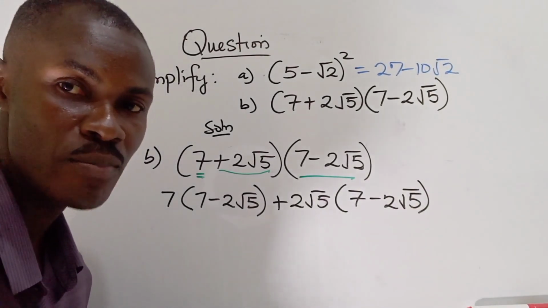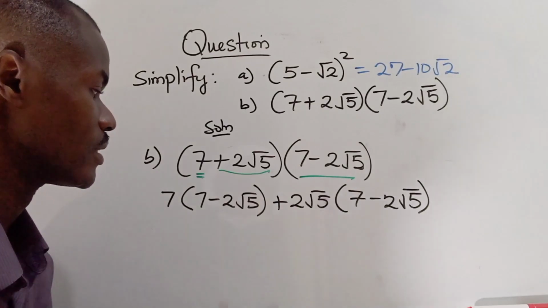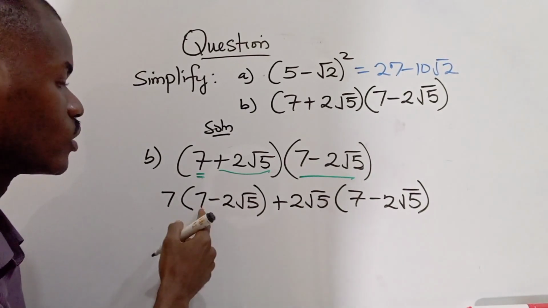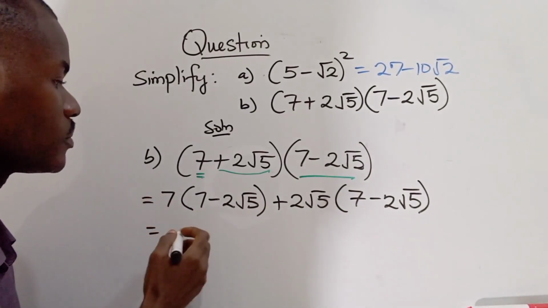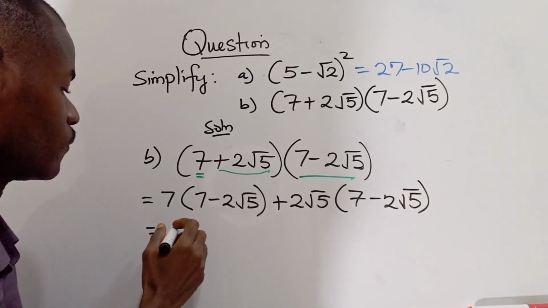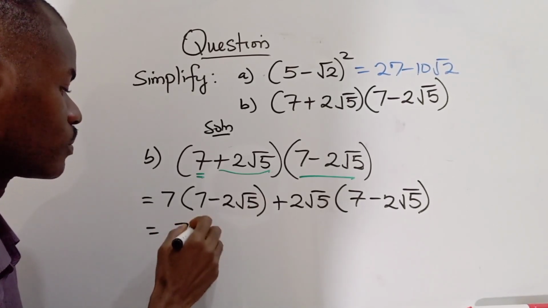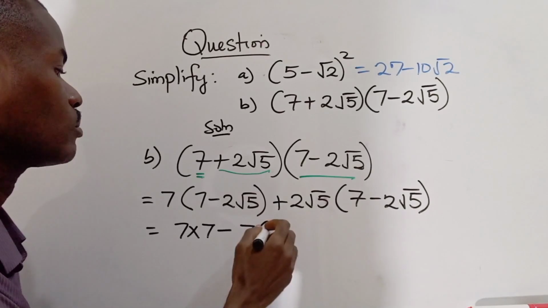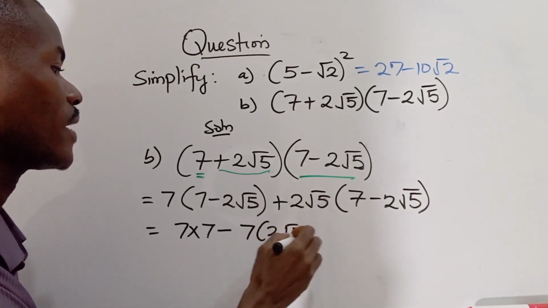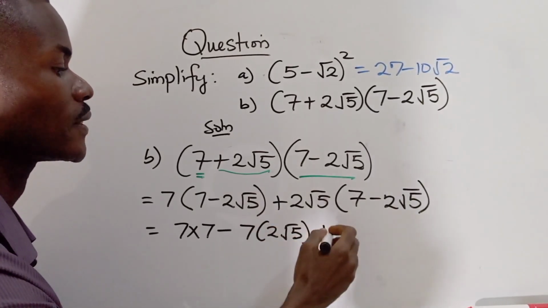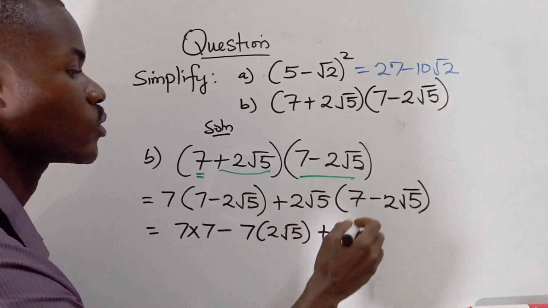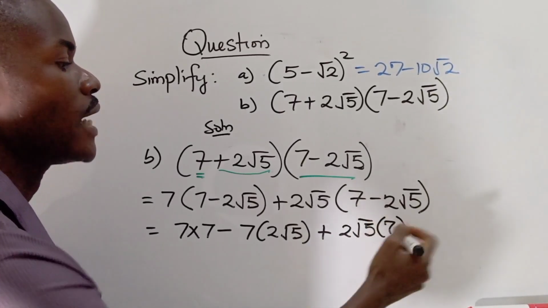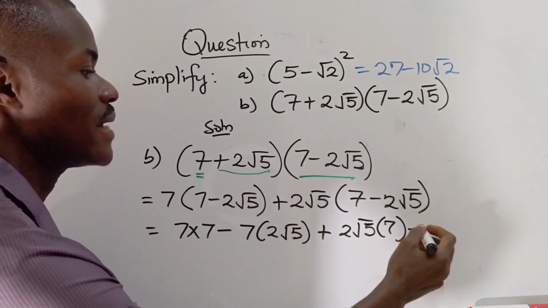Now we can expand this bracket as well as this bracket. So 7 is going to multiply 7 here, so we have 7 multiplied by 7, minus 7 multiplied by 2 root 5, plus 2 root 5 multiplying 7, and plus times minus is minus.